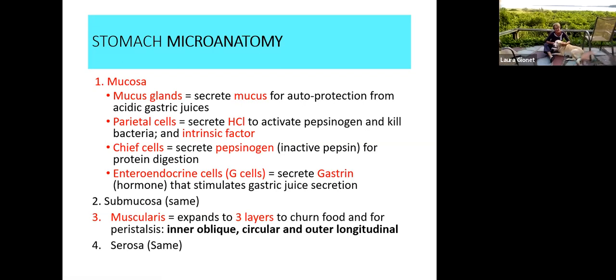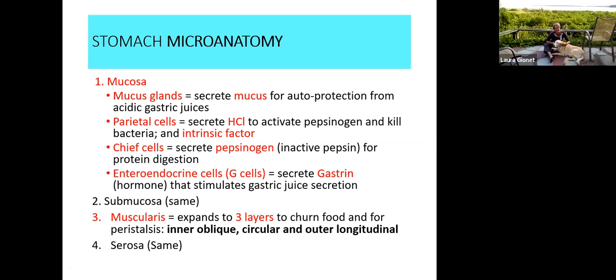We have the mucosa, which of course contains lots of mucus glands. It secretes mucus for protection from acidic gastric juices. A lot of mucus glands are down in the submucosa as well. We have parietal cells that secrete hydrochloric acid.